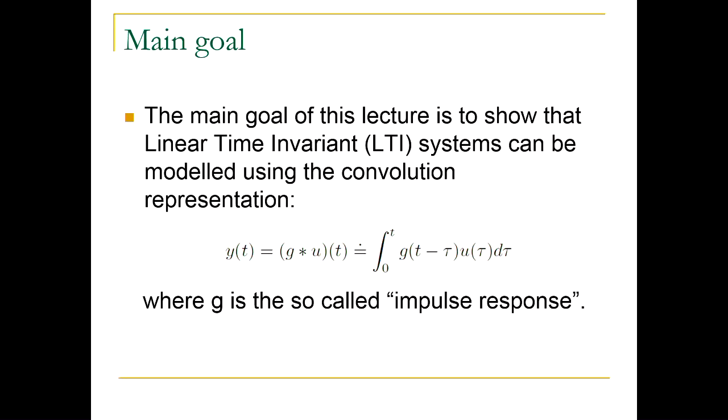Because given any input, I can calculate any other output. So if I apply a sinusoidal input to my system, I can calculate the sinusoidal response using this equation. What I use for this is the impulse response. I always use the impulse response to calculate any other response of your system.